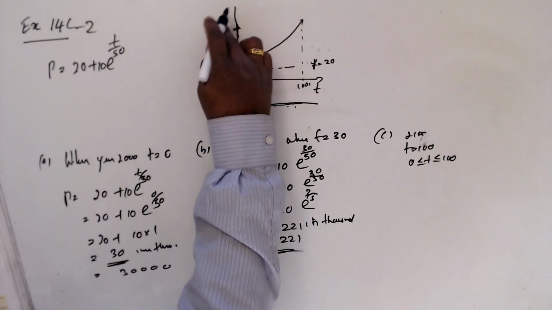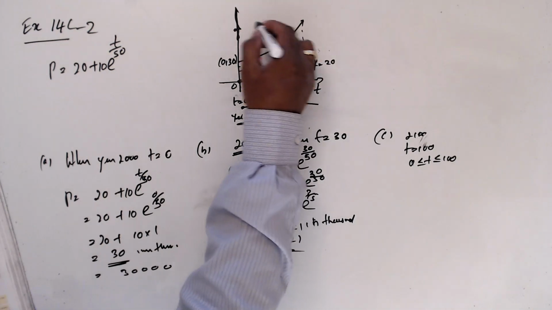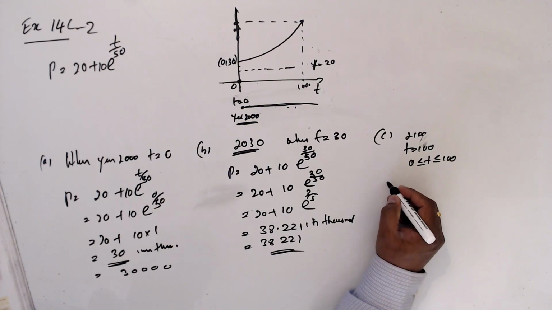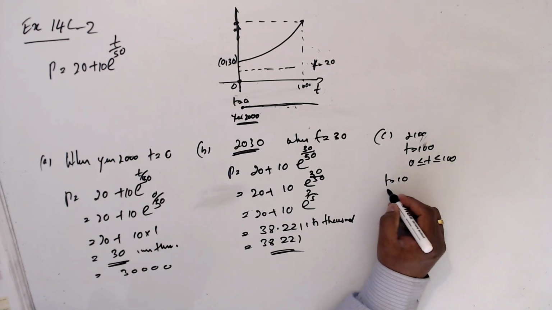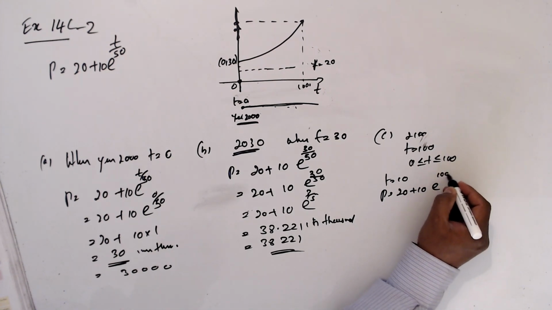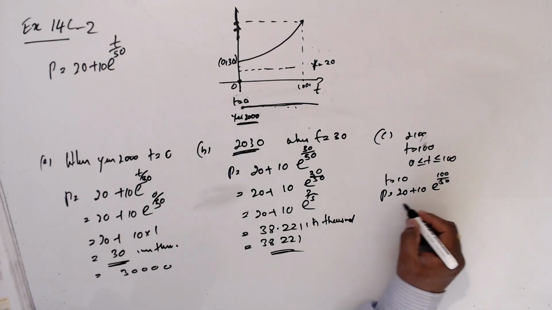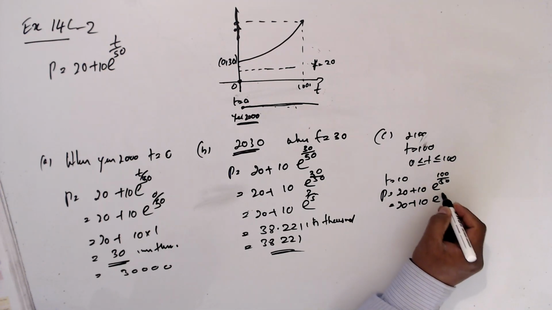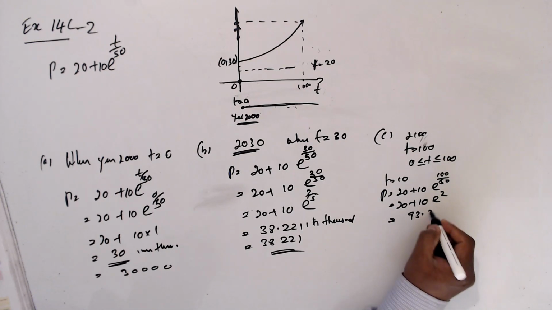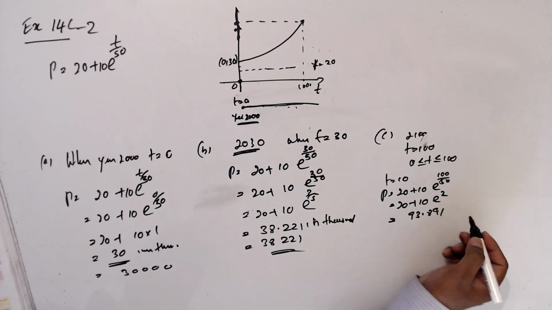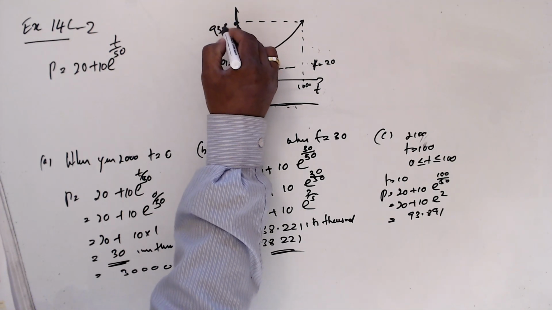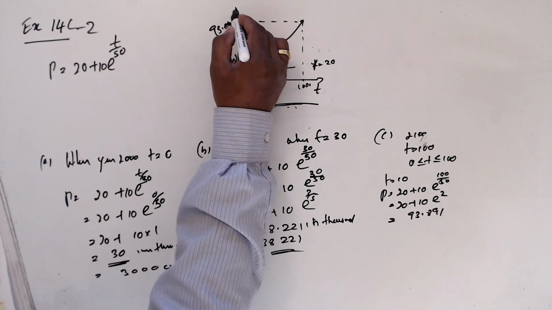So we'll write the value as well for the safe side. What is this value? When T equals 100, P equals 20 plus 10 times e^(100/50). I put 20 plus 10 e squared. So you will get 93.891.